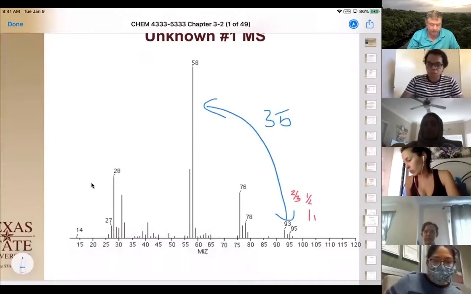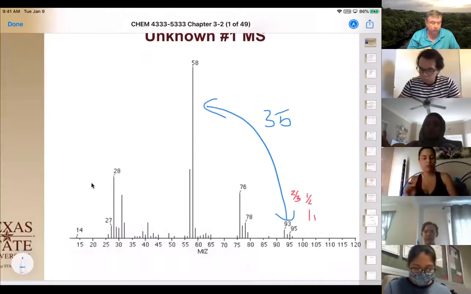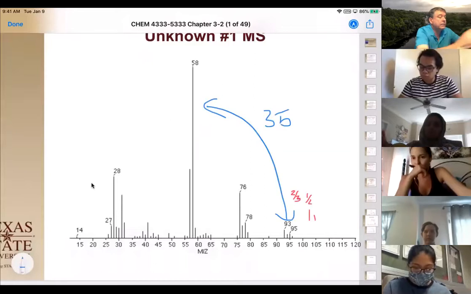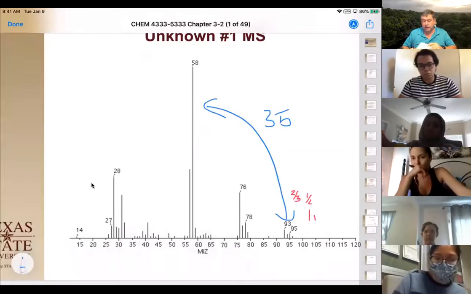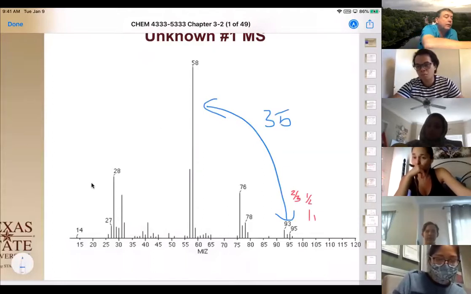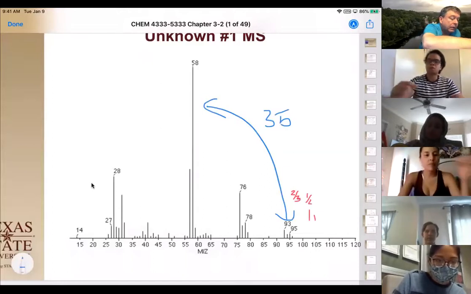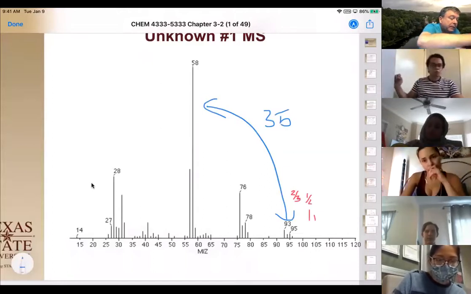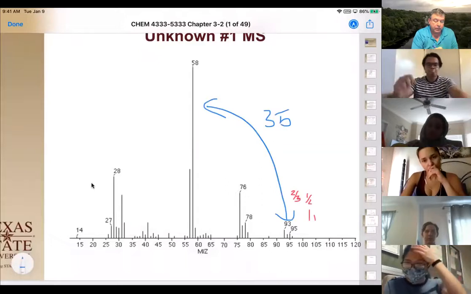If we divide that by 13, we get about 4. So let's start with the premise that 58 is our peak we're going to identify our empirical formula from. 58 divided by 13 is 4, and 4 times 13 is 52, which gives us 6.